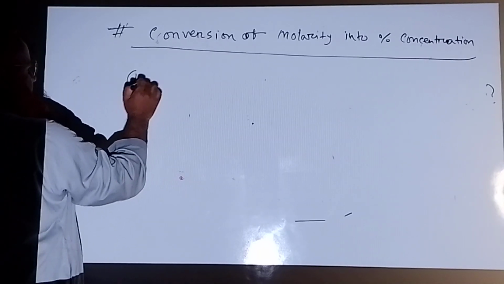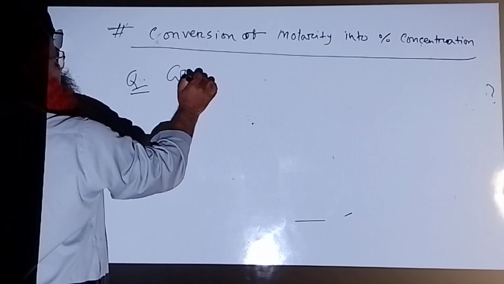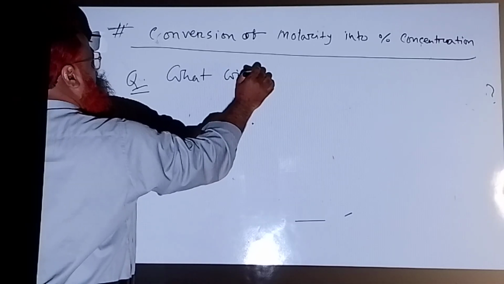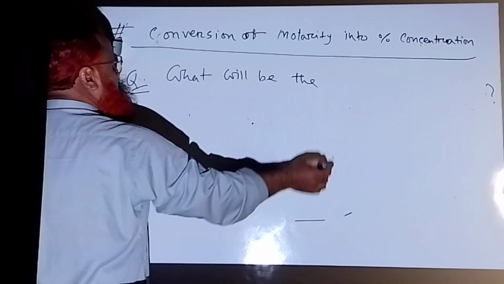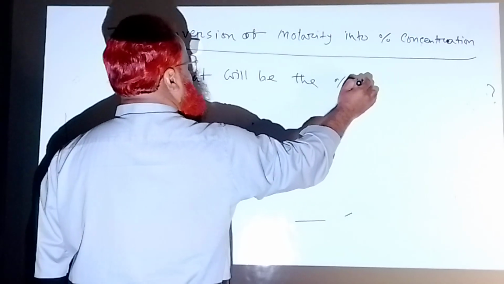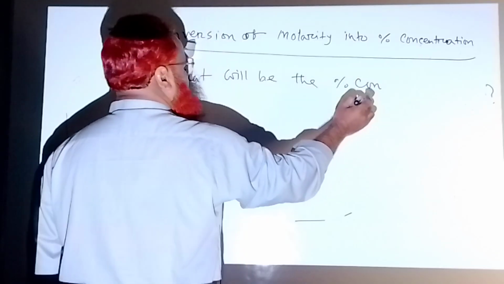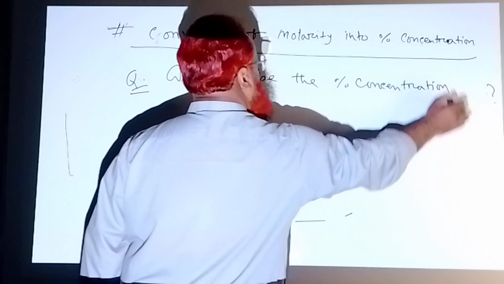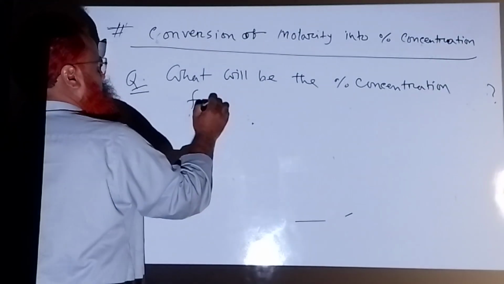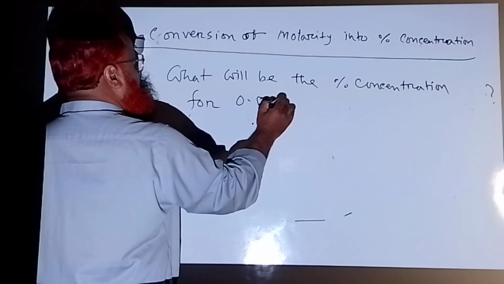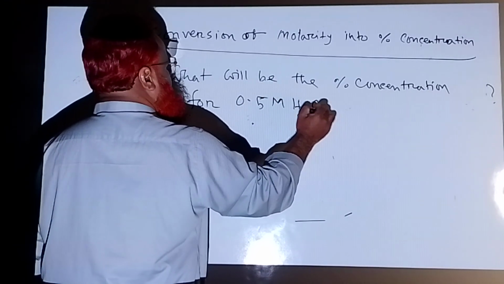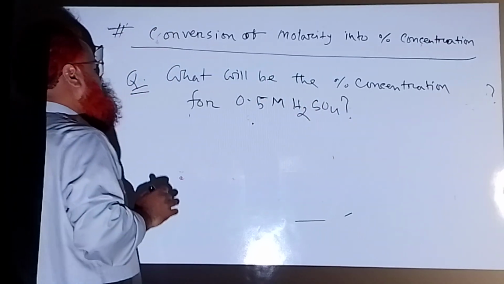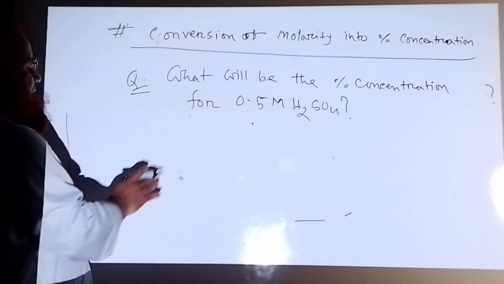Now another question. What will be the percentage concentration for 0.5 molar sulfuric acid? Now what is the formula for that?